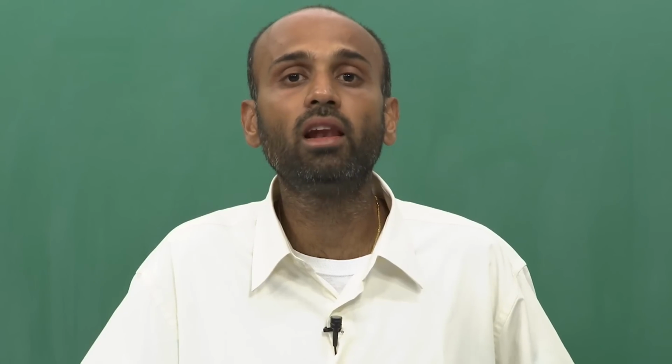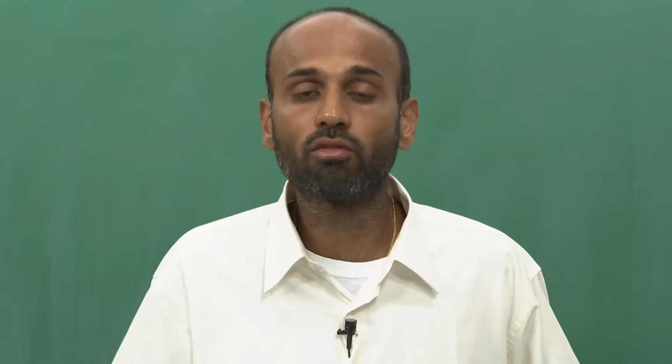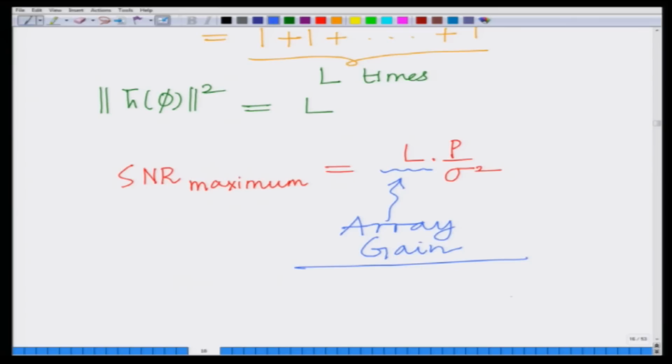This factor of L gain in the signal to noise power ratio at the output of the uniform linear array is known as the array gain. Therefore, the uniform linear array is a very novel technology, because it results in a gain of a factor of L in the signal to noise power ratio at the receiver.